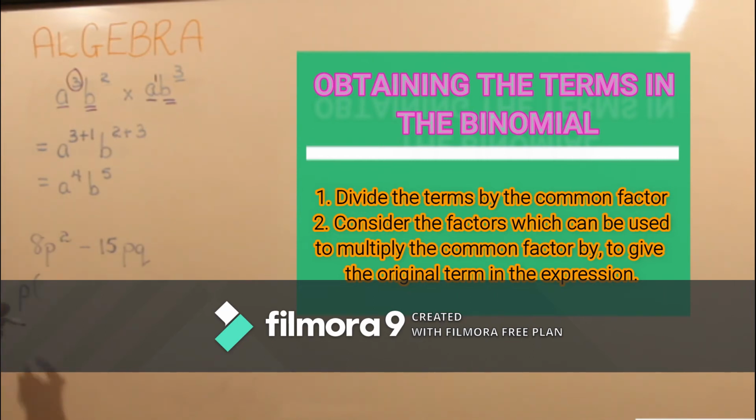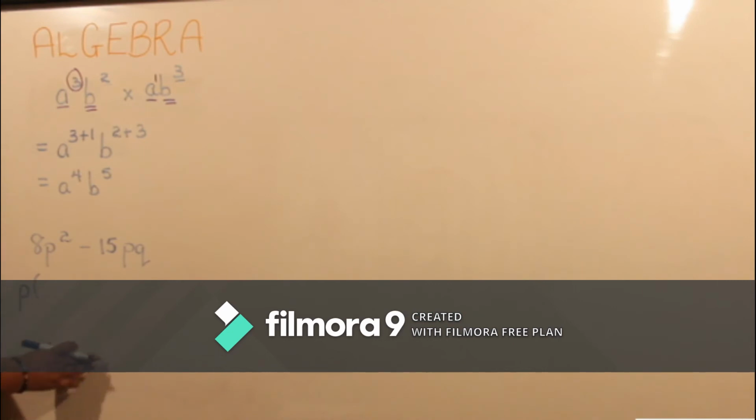So what should I multiply p by so that I get back 8p squared? These are two approaches you can use. Whichever you feel more comfortable with, go ahead and do that. With these simple expressions, it is not mandatory that you put all your steps. For this one, they just want to know that you can identify the highest common factor, and that you can get the correct binomial expression when you factorize.